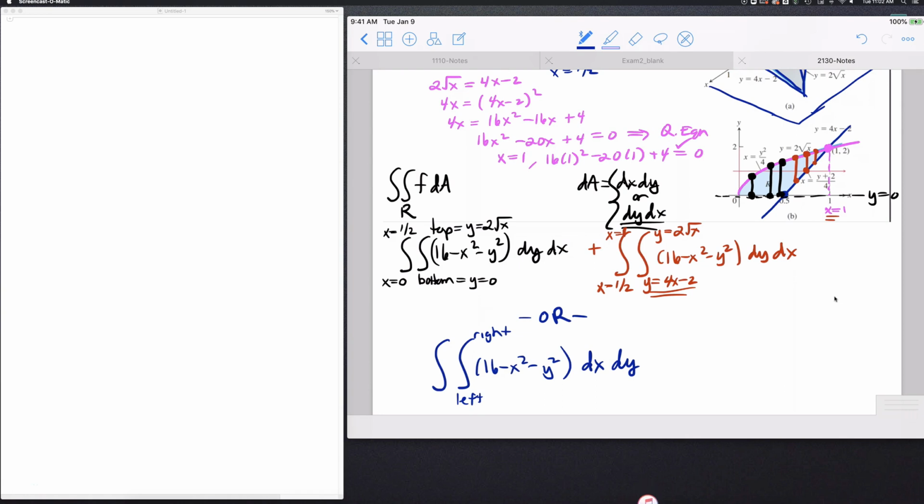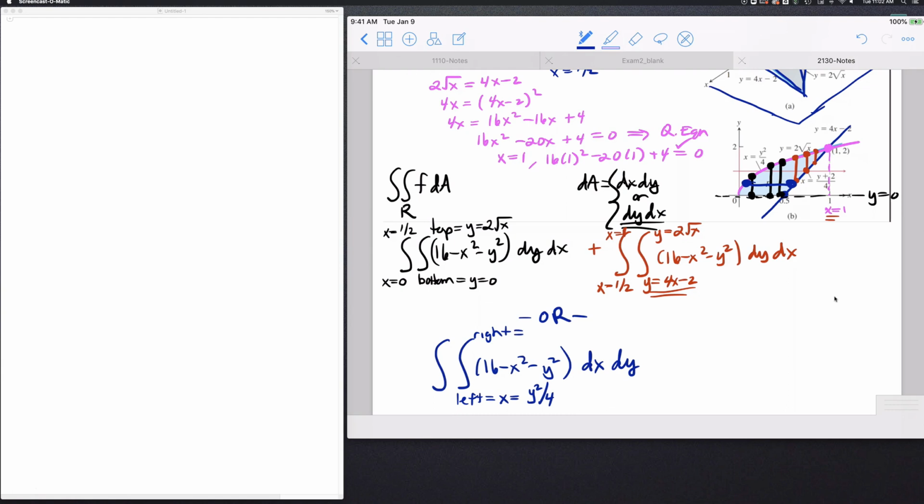The left-right problem is what's on the left and what is on the right. The convenient thing here is that the function on the left is the square root function. When you take y equals 2 square root of x and solve for x, you get y squared divided by 4.